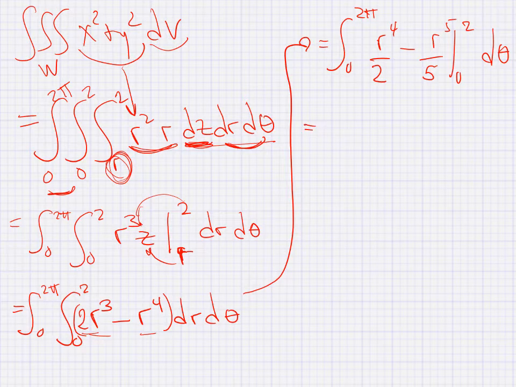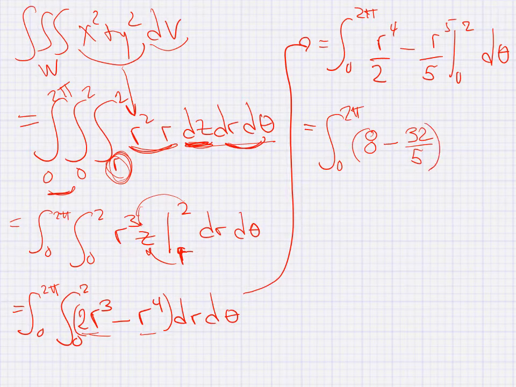So then we'll plug in 2 for r and 0 for r. And so we end up with 0 to 2 pi. We're going to plug in 2 to the 4th, which is 16 over 2, which is 8, minus 32 over 5. That's 2 to the 5th. If we plug in 0, we get 0, so we just have that constant.